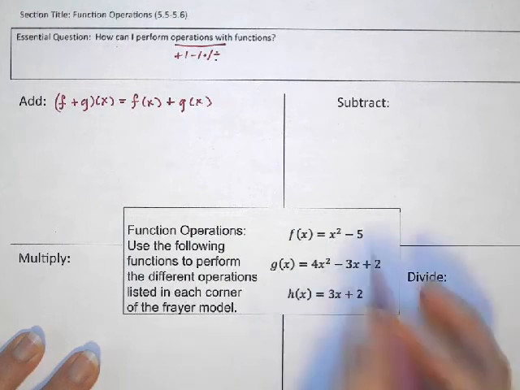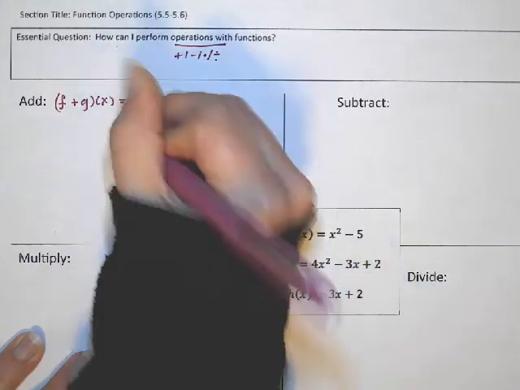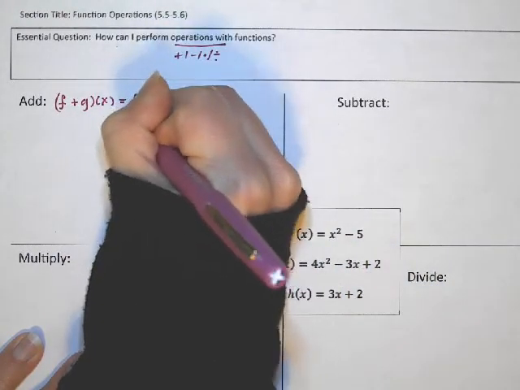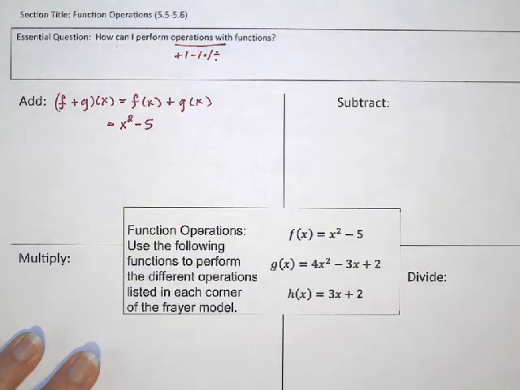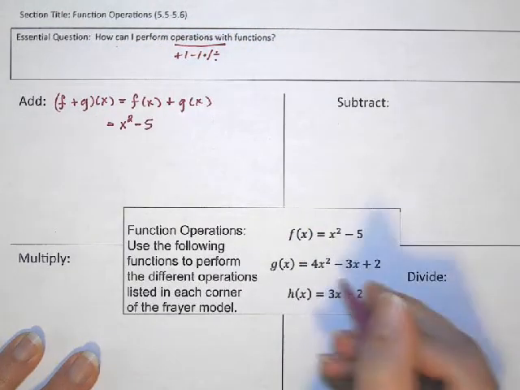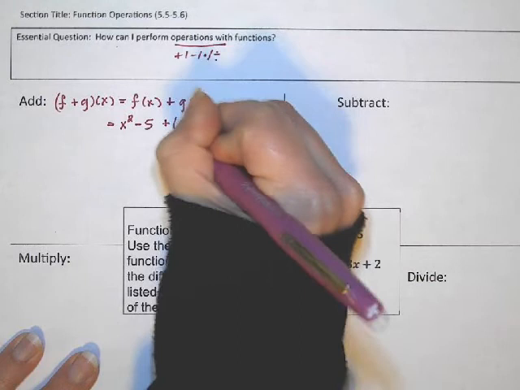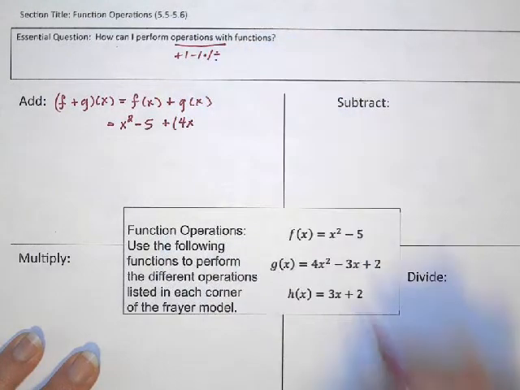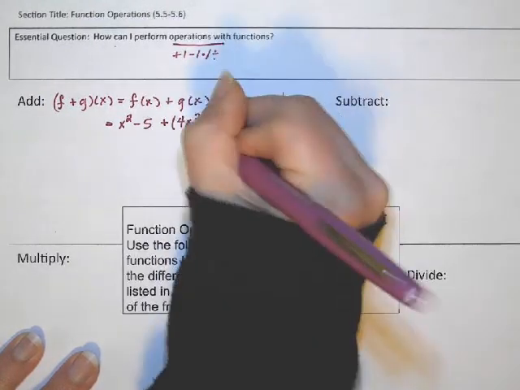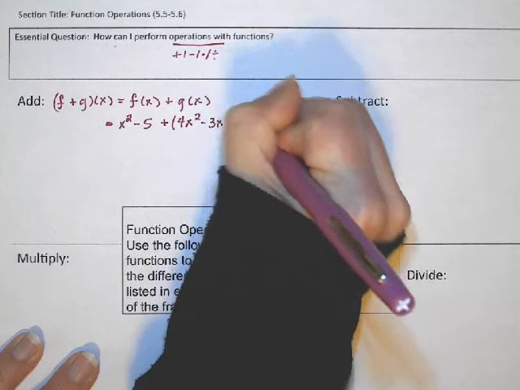So whatever f of x equals, which in this case is x squared minus 5, I will put in that spot. And then whatever g of x equals, which is this whole, if you want to use parentheses, you can, the 4x squared minus 3x plus 2.